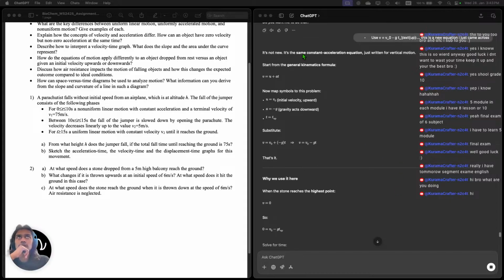It's not new, it's the same constant acceleration equation just written for vertical motion. Start from the general kinematics formula, v equals u plus at. Okay, v equals u plus at. Now map symbols to this problem. u equals v0, a is equal to minus g, t is equal to t up.